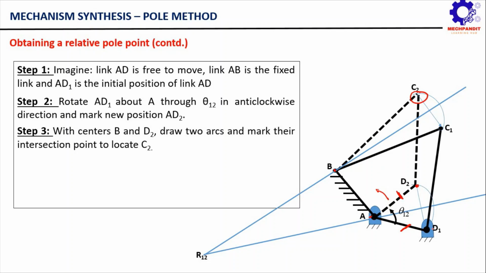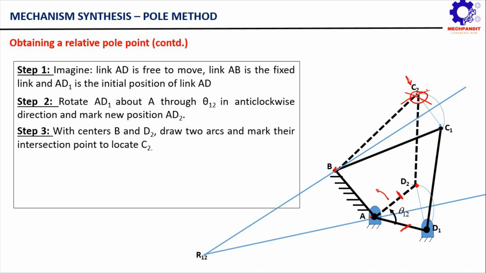So AD1 acquires the new position AD2, then BC1, the coupler link, acquires the position BC2. We already know the lengths of links AB and DC. So we will simply use these two lengths and draw two arcs, one with B as center, another with D2 as center, and we will locate this point C2.